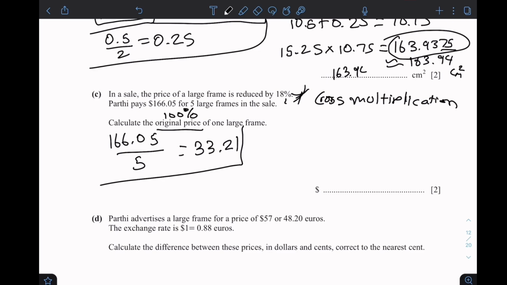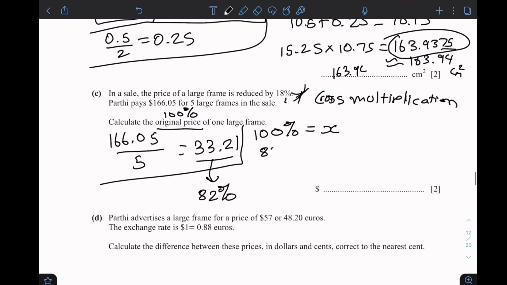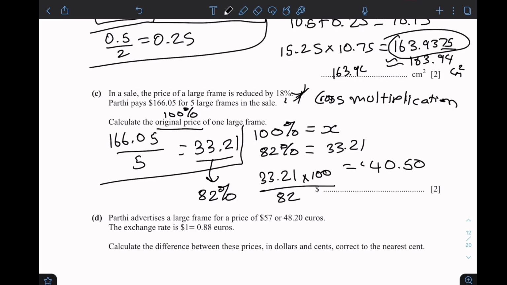This 33.21 is actually 82% of the original. 100% is equal to x, and we know 100 minus 18 is 82. So 82% of the original price is 33.21. To find the original value x, you do 33.21 multiplied by 100 divided by 82, and you get the answer as $40.5.